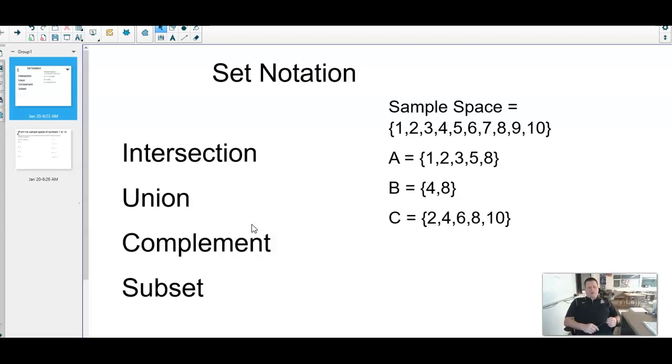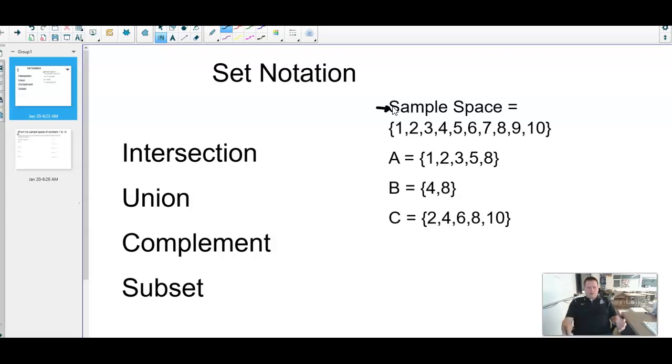All right, so there are a few vocab words that will come in handy. One of those is knowing what a sample space is. The sample space is just the total objects that I'm looking at or that I'm interested in.